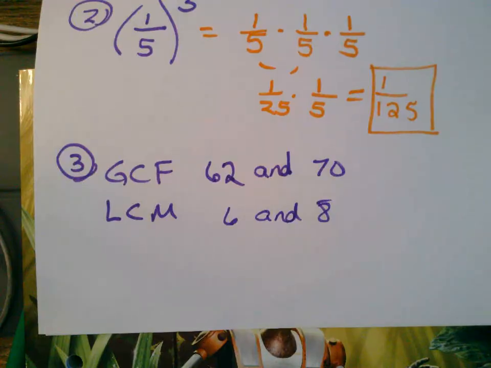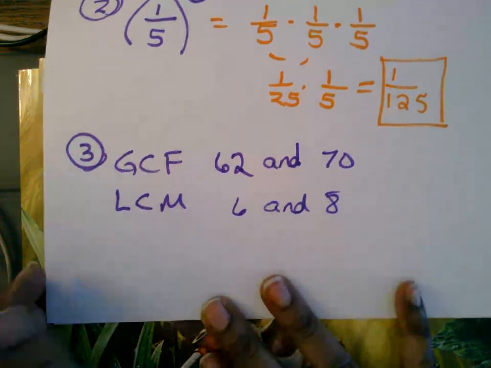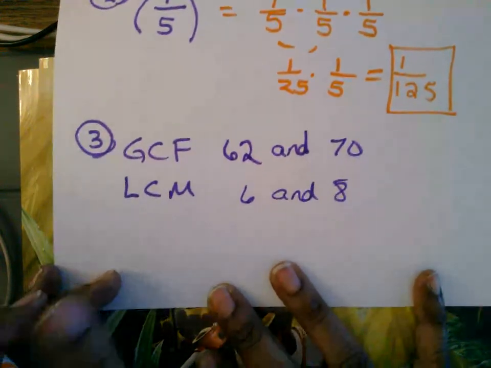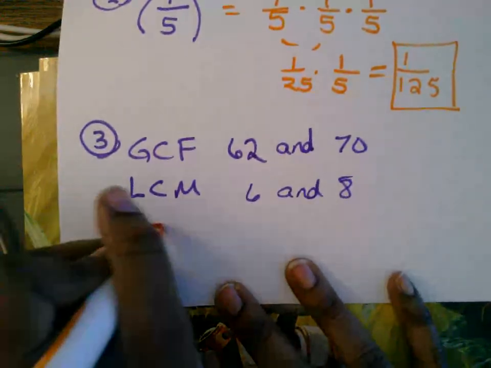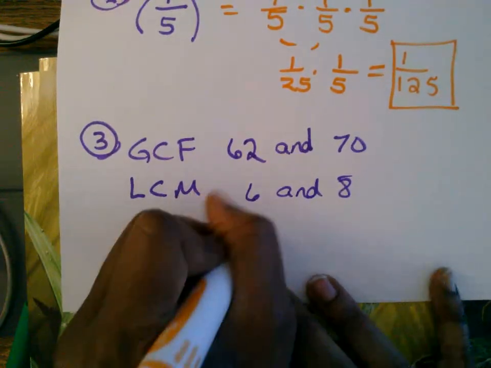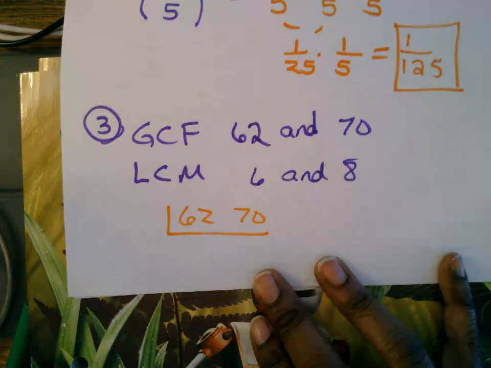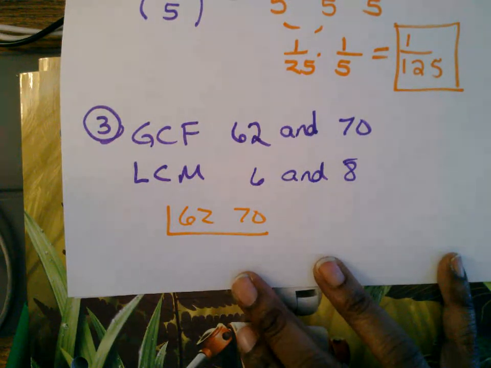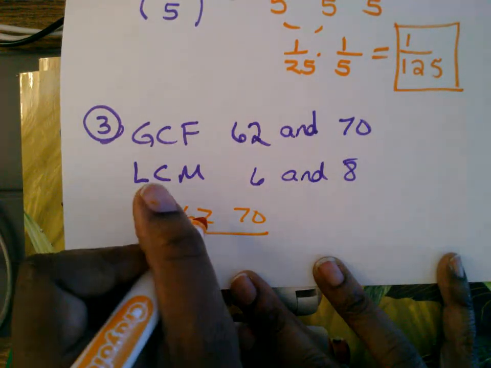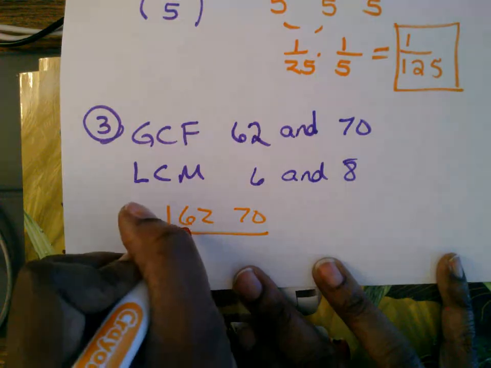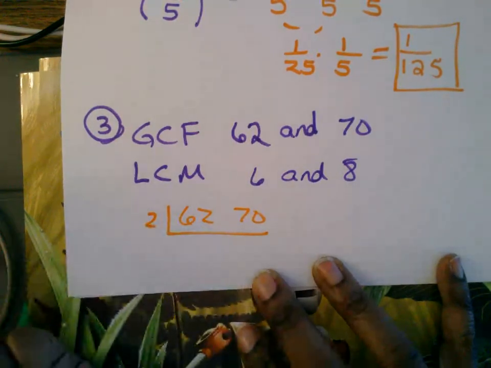I love the little factor tree, and I also like the ladder. I think the ladder may be easier for you to see. So 62 and 70, what's the highest number you can think of that they're divisible by? I'm thinking 2. I'll start there.